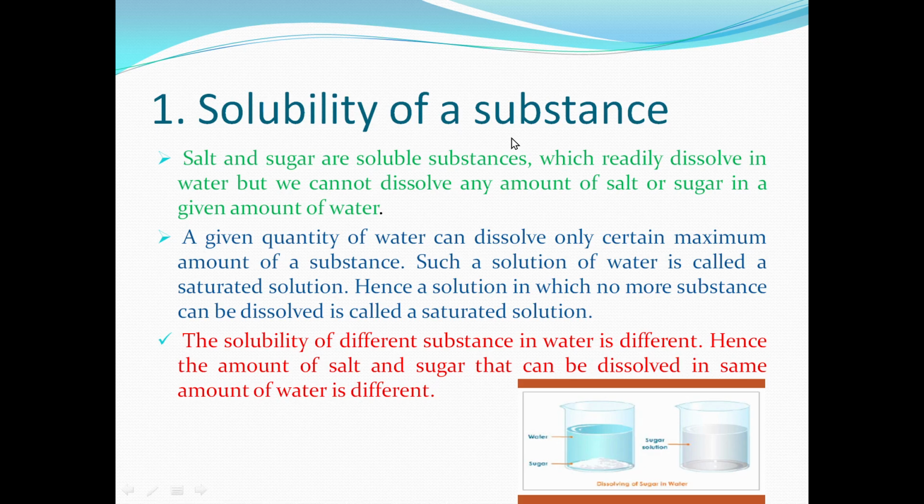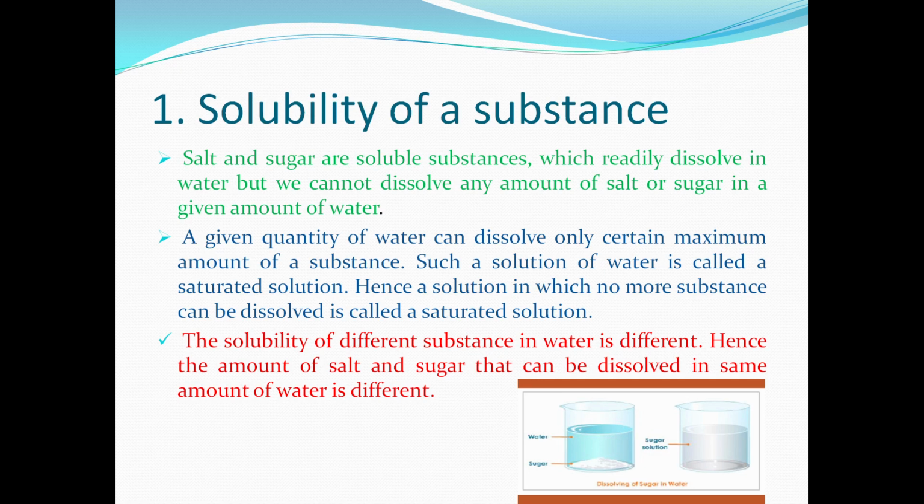In very simple language, let me tell you what is solubility. Solubility is basically the ability of any substance to get dissolved in the water, or the quantity of the substance that gets dissolved in the water is called solubility of a substance. Salt and sugar are soluble substances.